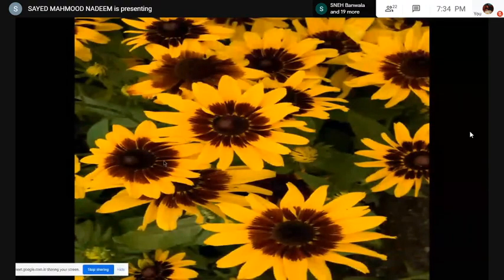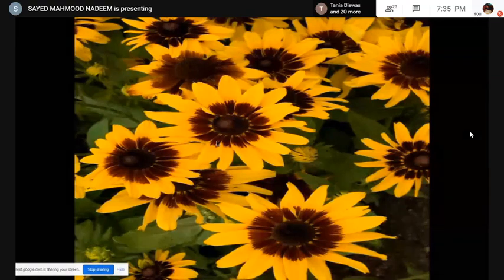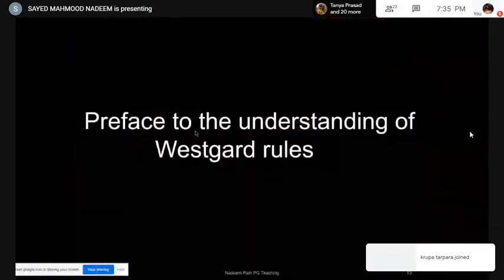Before we understand the Westgard rules, it is very important for us to understand the various salient features, or the preface, to the understanding of Westgard rules.